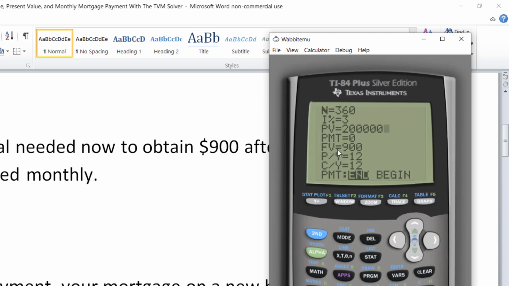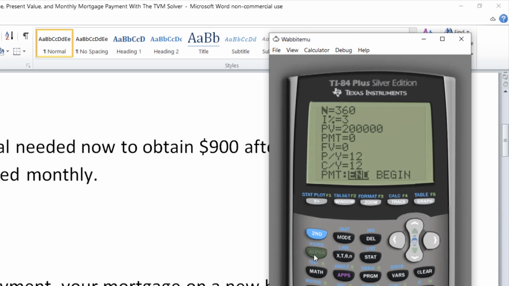Now here we're looking for the payment. What's going to be our monthly payment? So we'll leave that at 0. Future value is not used in this one, so we'll leave that at 0. We want the other two categories to be at 12 because it's compounded monthly. They already are, so we leave it there. Then we scroll up to payment, which is what we're looking for.